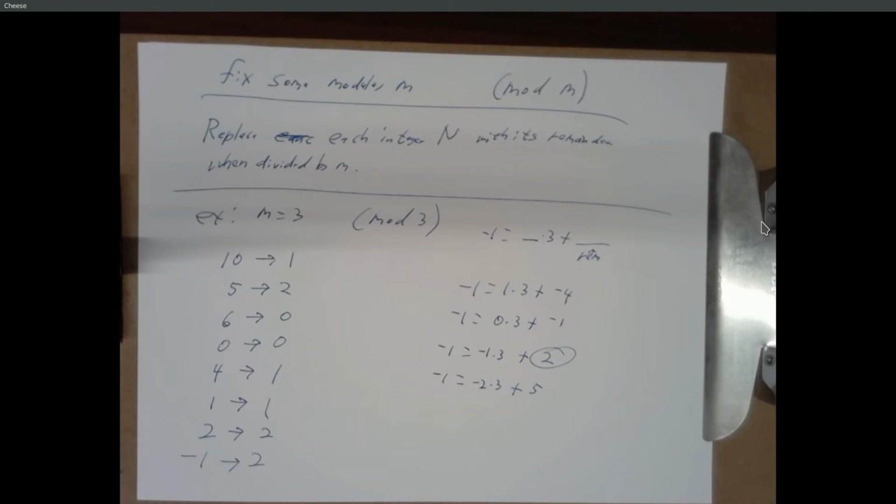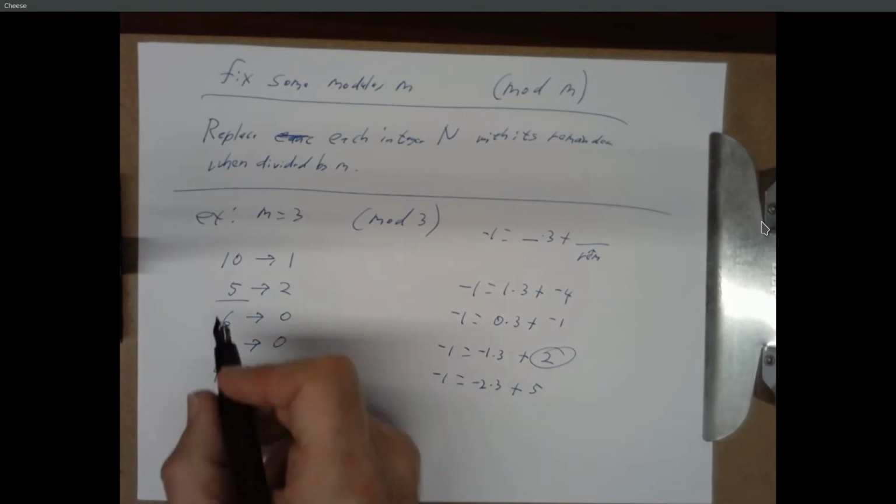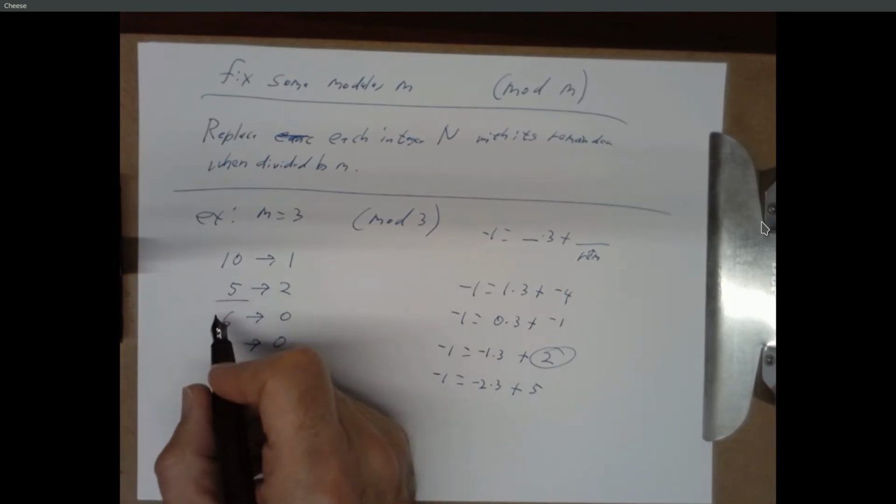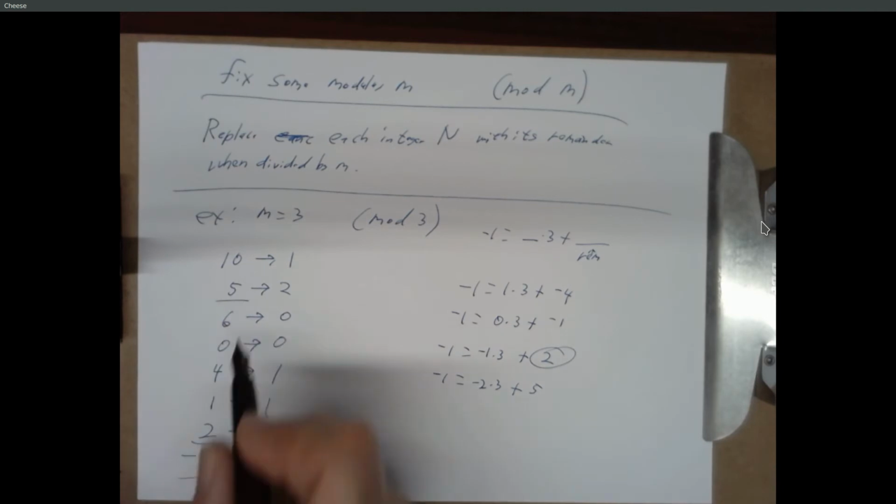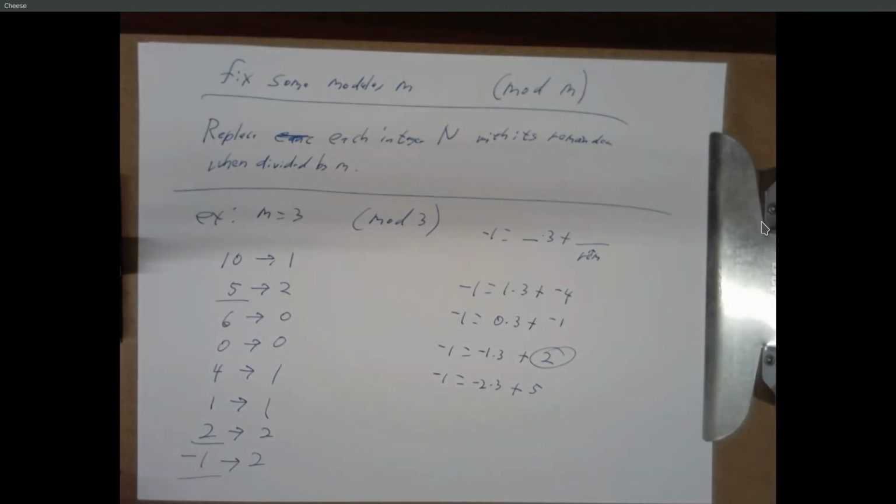And there's a pattern here. If I look at the things congruent to 2, well, there was 5. Subtract 3 from that, we get down to 2. Subtract another 3, we get down to negative 1. Subtract another 3, we get to negative 4. If we added, we'd get 8 and 11 and 14, and those are all congruent to 2, mod 3.